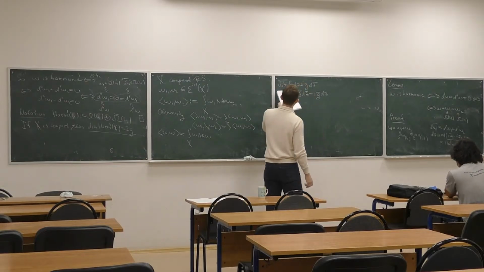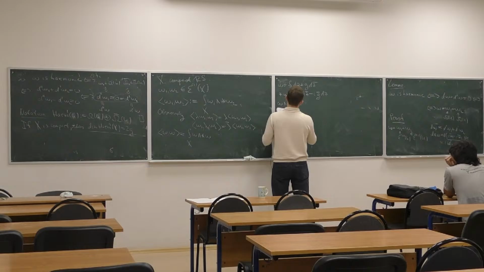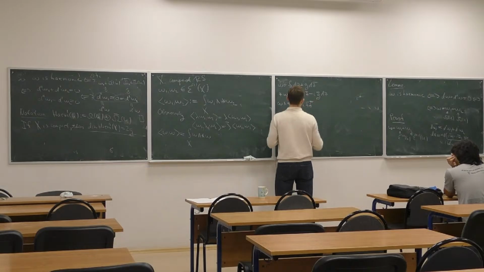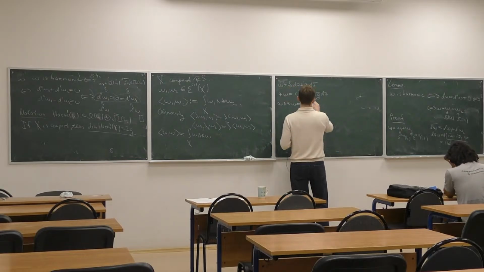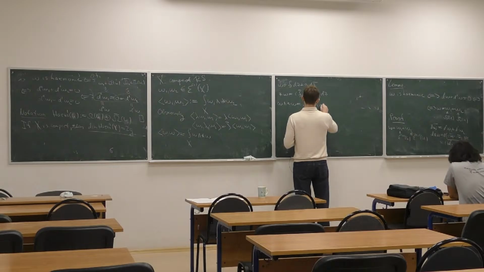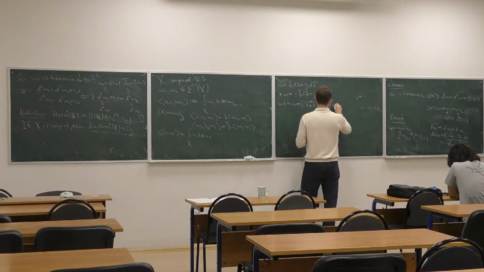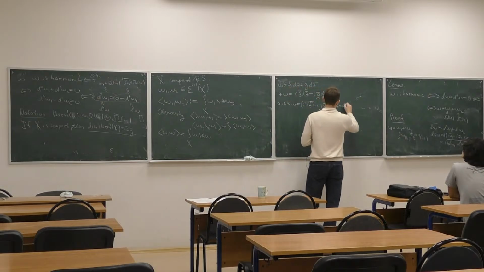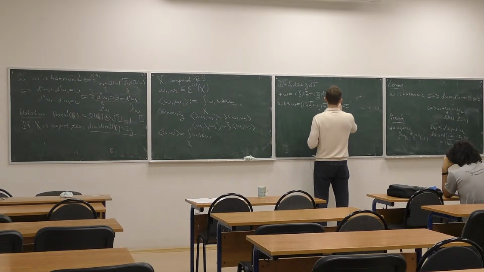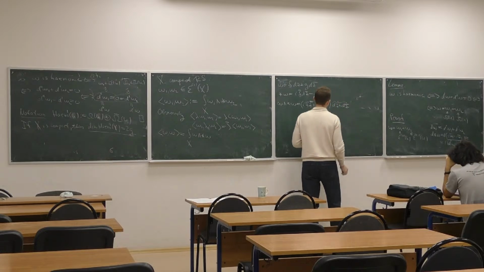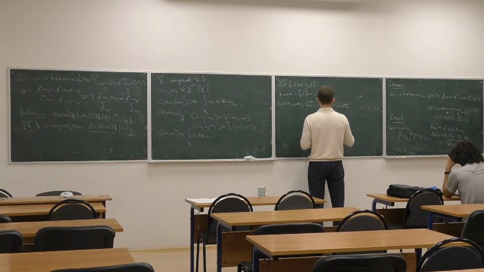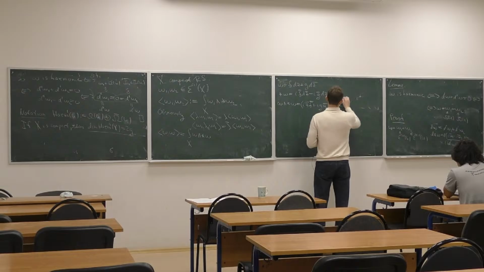is equal to (i f bar plus i g bar) dz bar, and this is equal to what? To minus 2i dx dy.